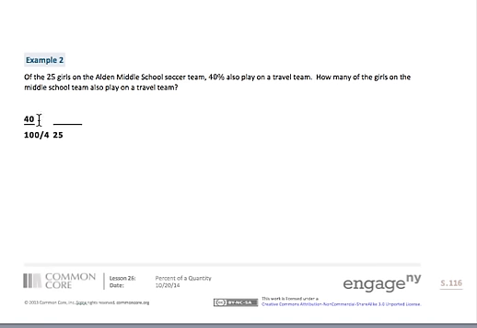And whatever we do to the denominator, we have to do the same thing to the numerator, which means that our numerator would need to be 10. Looking back at the question, how many of the girls on the middle school team also play on a travel team? 10 girls play on the travel team.